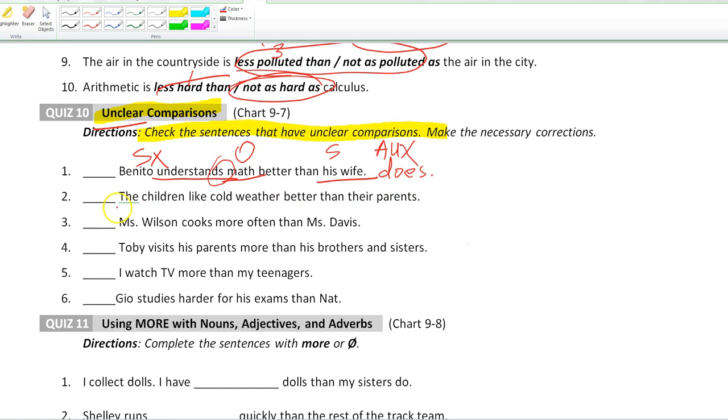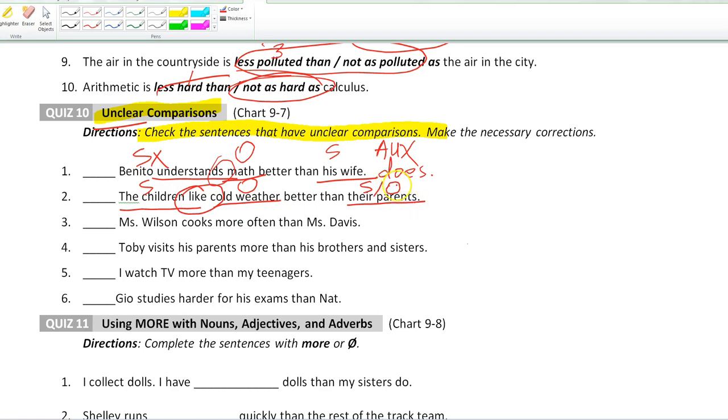Okay, so let's look at number 2. We have subject the children, verb like, cold weather is an object, better than their parents. Okay, problem here, we need to know if the parents is a subject or an object. Well, are we talking about the children liking cold weather and the children liking their parents, comparing their like of cold weather to their like of their parents?